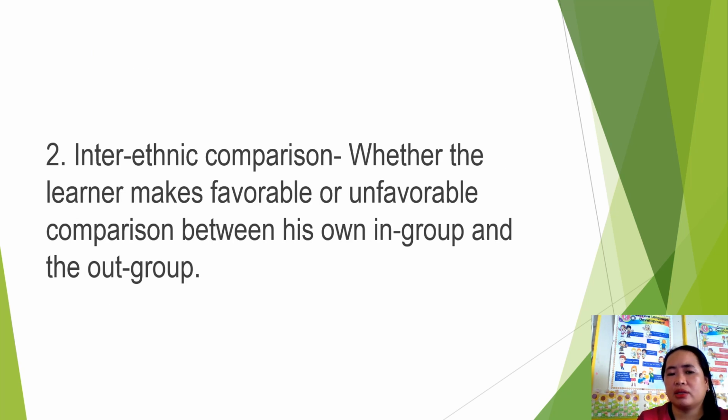Number two, ethnic comparison. Whether the learner makes favorable or unfavorable comparisons between his own in-group and out-group. It involves how individuals compare their own ethnic group to others, often influencing their language behavior. If a person's ethnic group is seen as lower status compared to others, they may be inclined to converge to the dominant language.